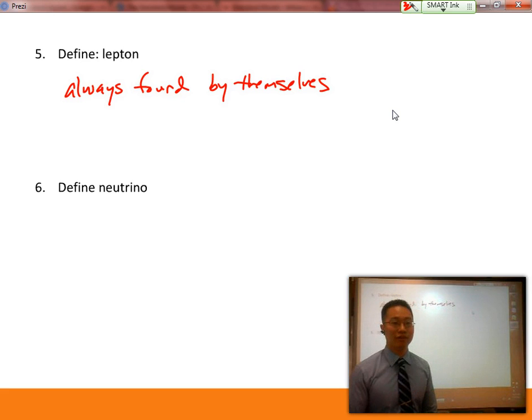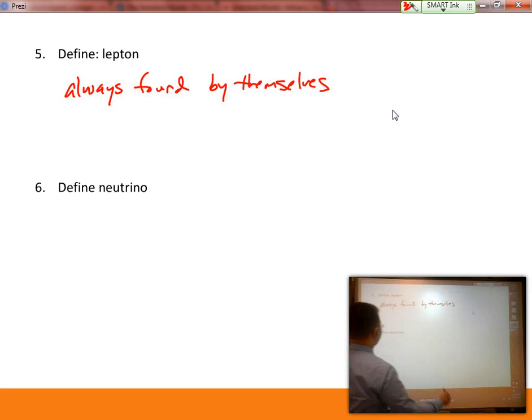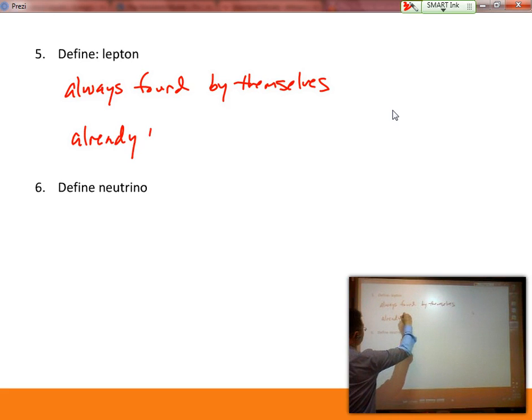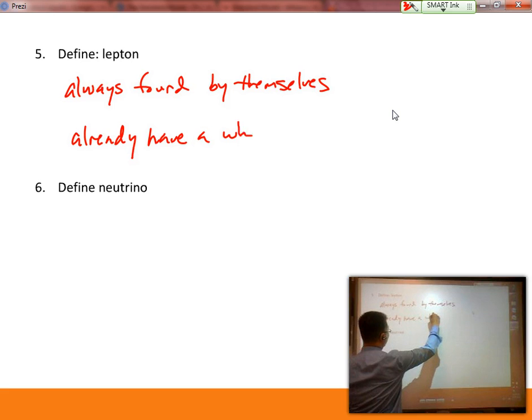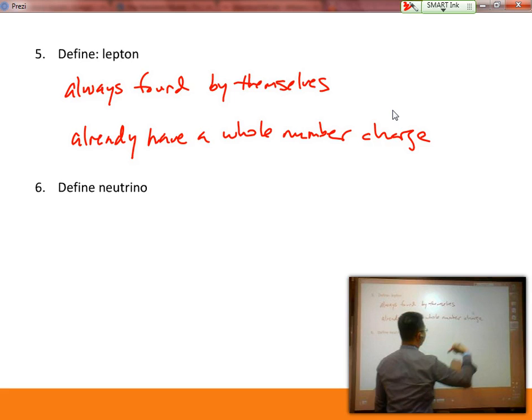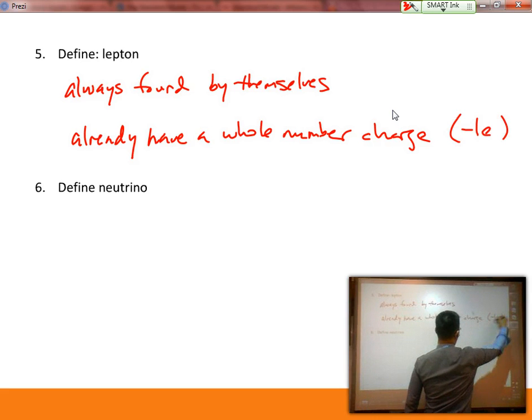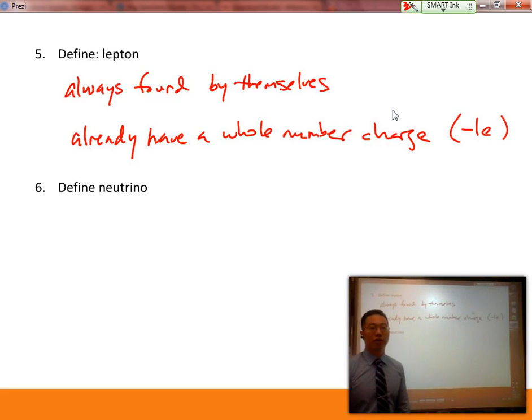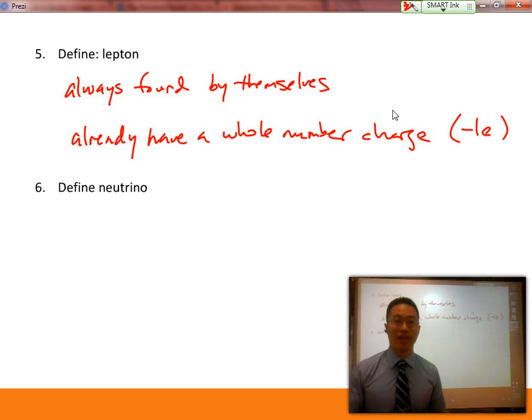Leptons are always found by themselves, which is why they always also have a whole number charge. Of course, that charge would be negative 1e. Unless you're talking about the anti-electron, anti-muon, and anti-tau, which would then, of course, have a charge of positive 1e. And antimatter is the same as the standard model, it's just that every particle has its opposite charge.